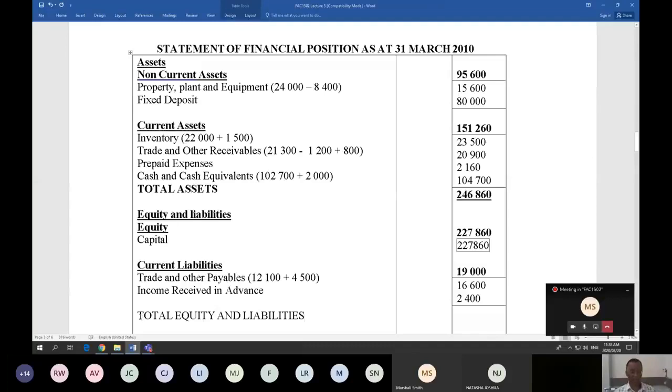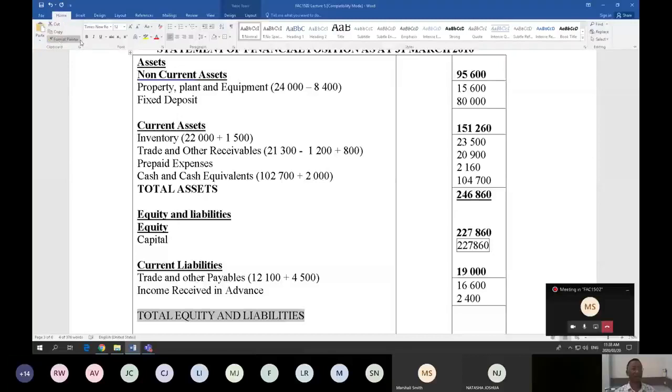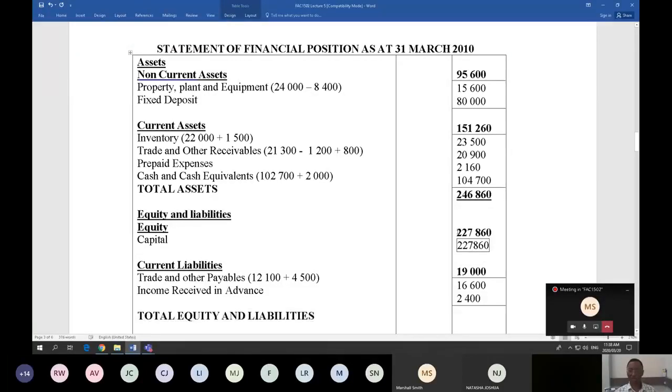You add your equity, you add your total liabilities, which is the 227,860 plus the 19,000, and that will give you total equity and liabilities of 246,860. Which is then the bottom section of your statement of financial position.